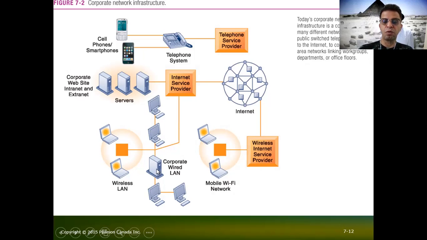You have a corporate wired LAN and a mobile Wi-Fi network, which is connected through the wireless internet service provider to the internet. Here we also have internet service providers connected to the servers, the wireless LAN, and the corporate wired LAN. This is all about the corporation in general.